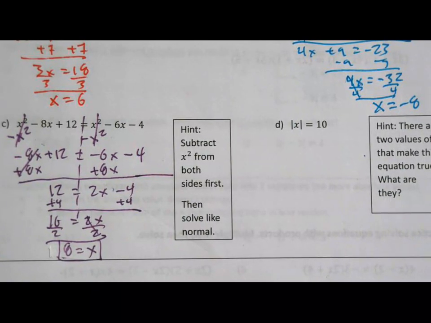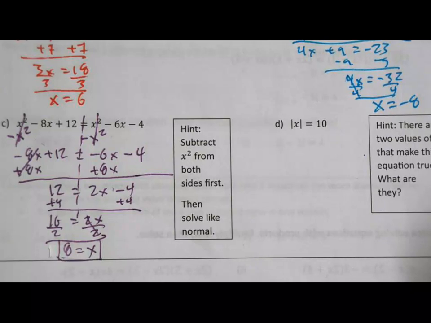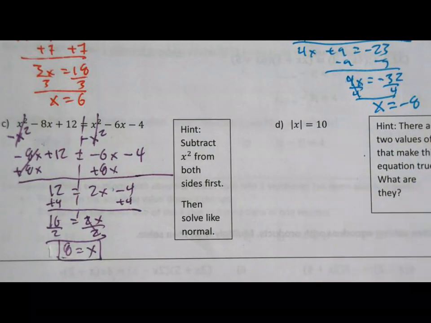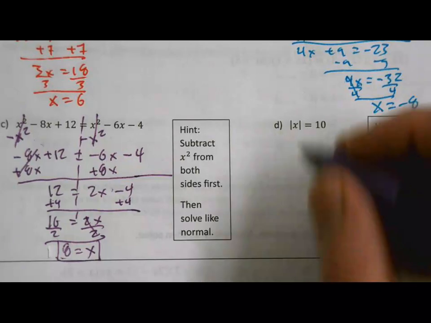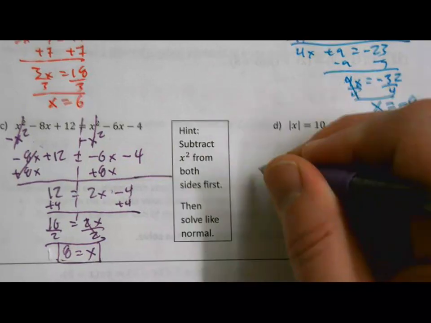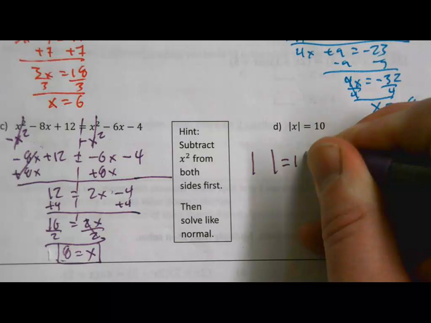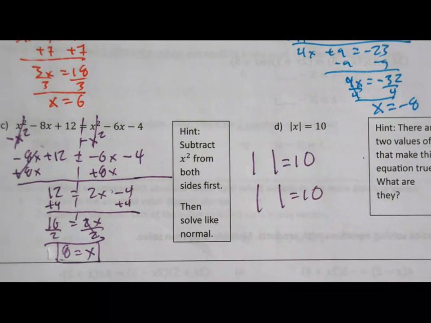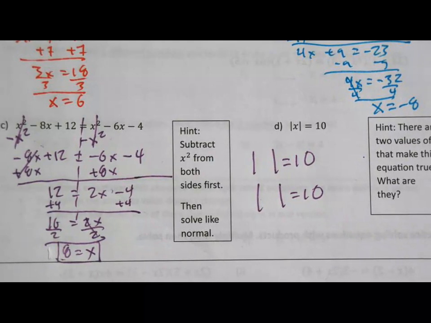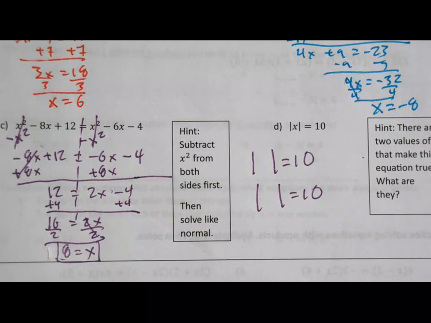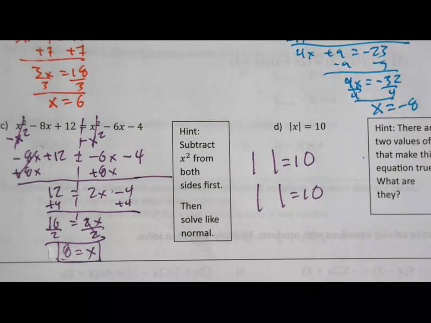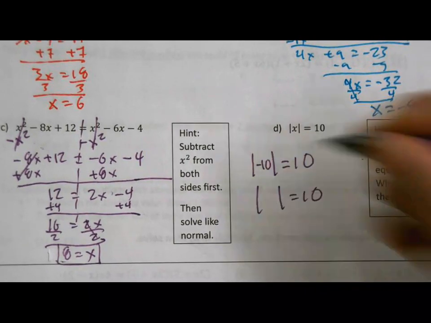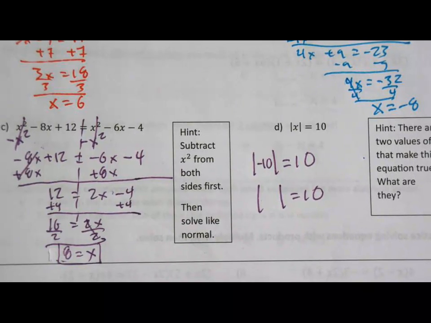And then finally, part D. There are 2 solutions to this. There are 2 numbers that I can put in place of x that would make that work. What is one of those numbers? What can you take the absolute value of and get a positive 10? You could put a negative 10 in here, right? The absolute value of negative 10 is positive 10.